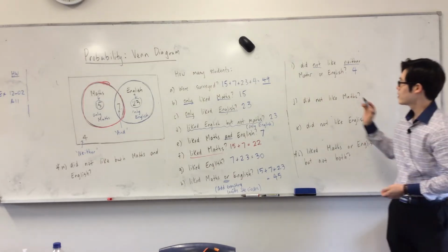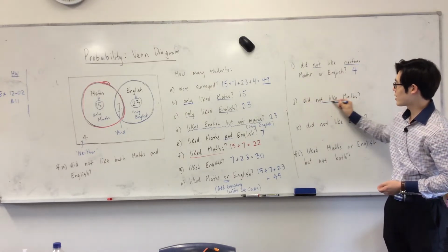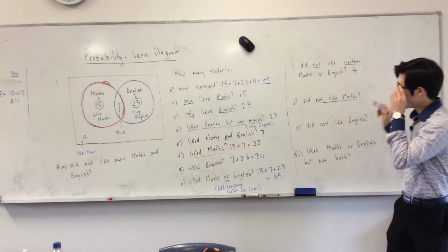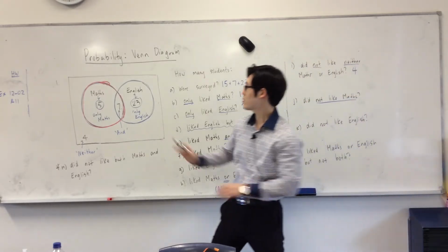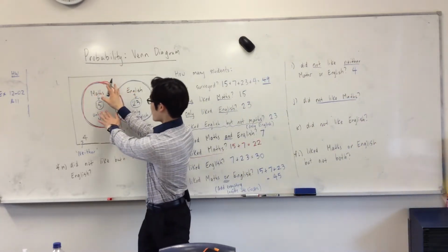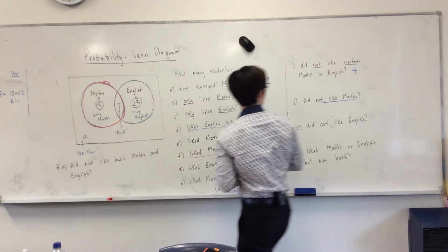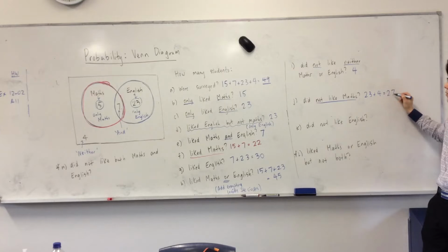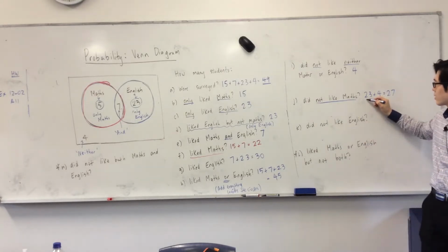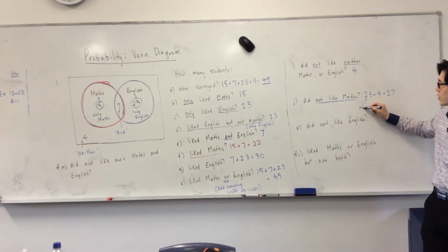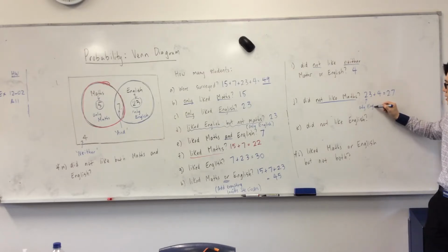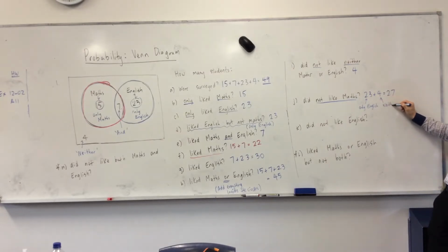Now, how many students did not like maths? Those are all the numbers outside of the maths circle. So this is my maths circle, and everything outside of it, we've got 23 and 4. That's 27. If I also put this in writing, you could think of it as students that only liked English plus neither.